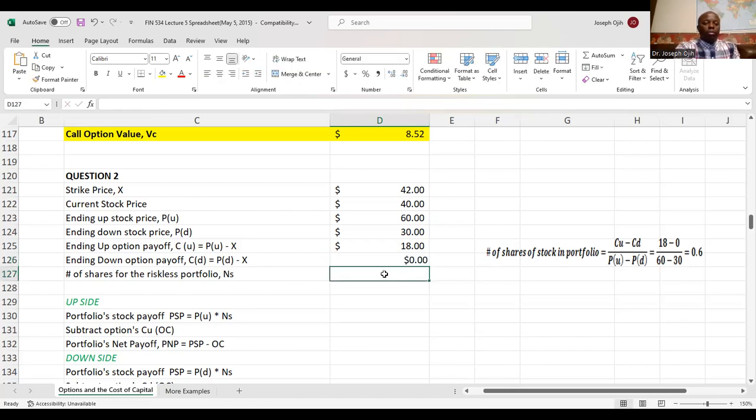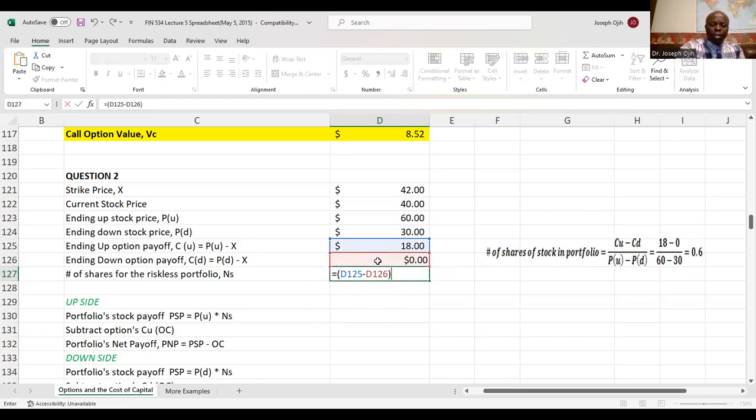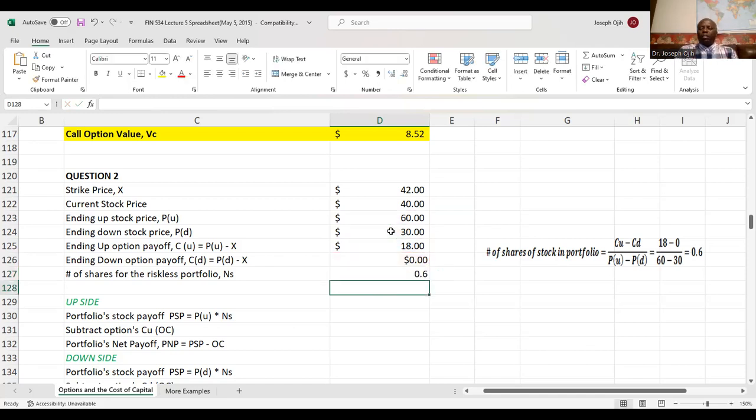Okay, so for the number of shares of the risk-free portfolio to buy, you're going to use the formula that we used before. CU, which is right here, minus CD, which is the ending down option payoff, divided by PU, which is the ending up stock price, minus PD, which is the ending down stock price.